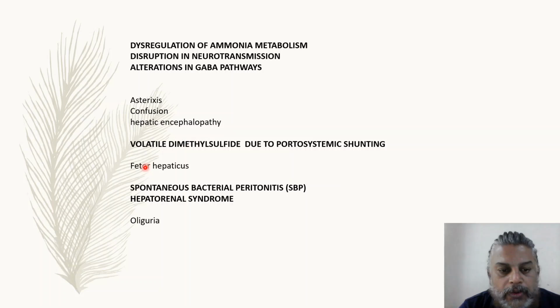Similarly, the cause of fetor hepaticus or the typical smell in liver disease is the volatile dimethyl sulfide due to portosystemic shunting. We can also have spontaneous bacterial peritonitis and hepatorenal syndrome in an advanced case of liver disease.